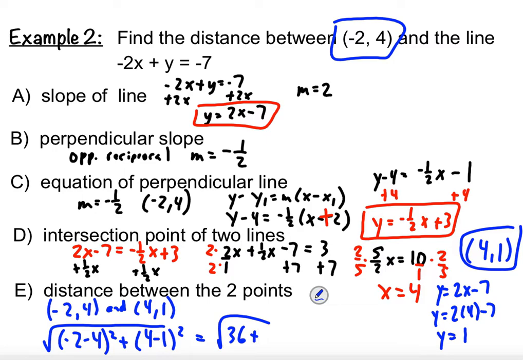And then we've got 4 minus 1, there's 3. 3 squared, there's 9. Add them together, 36 plus 9 is 45. Now we can take the square root, so break it down. That would be 9 times 5, so square root of 9 times square root of 5. Square root of 9 is 3, so you get 3 square root of 5.